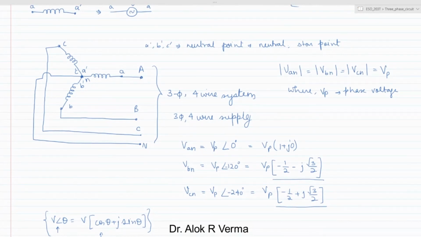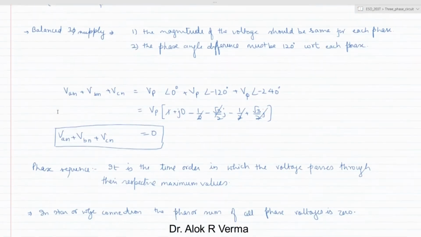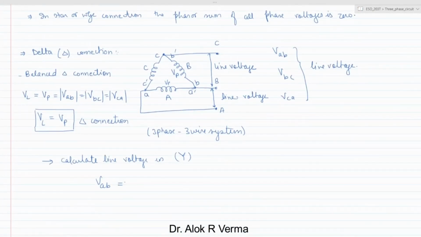VAB is nothing but VAN plus VNB, or VAN minus VBN. This is the line voltage. Now we can write it as VP angle of 0, which is 1 plus j0, minus VP times 1 by 2 minus j root 3 by 2.